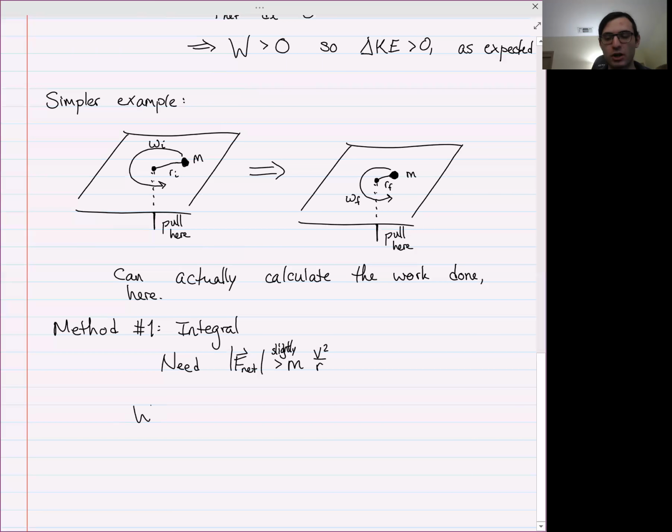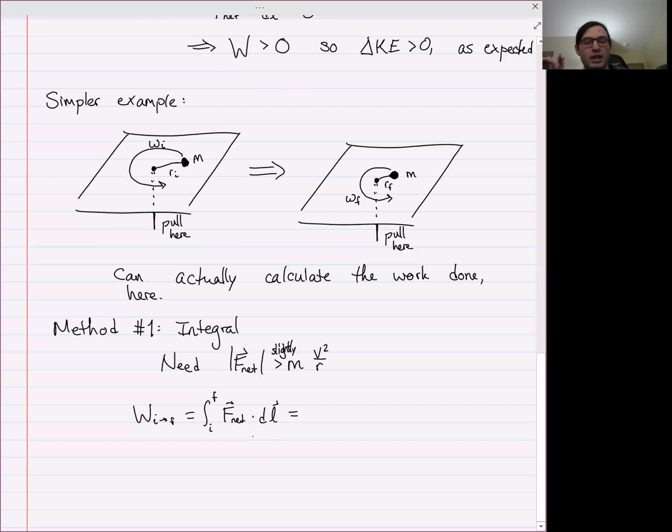So let me just get on with it. The work from i to f is an integral from radius Ri to radius Rf of F net dot dl. Now again, dl points towards the center of the circle. F net also points towards the center of the circle. So we know that F net dot dl should be positive.